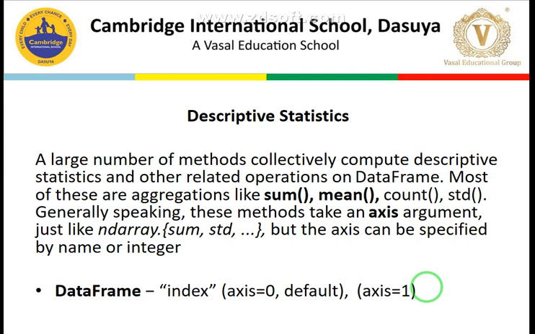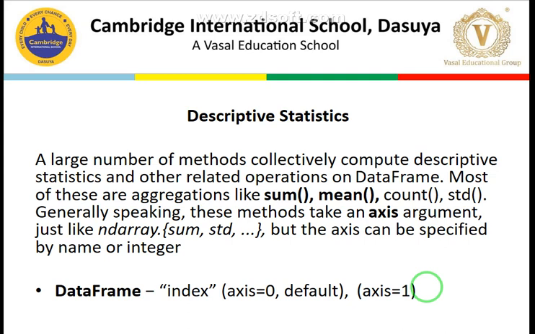Generally speaking, these methods take axis as an argument. In a two-dimensional data frame, we have one dimension for rows and another dimension for columns. Just like an ndarray, where ND is n-dimensional array, we apply operations like sum and standard deviation, but the axis can be specified by a name or integer.